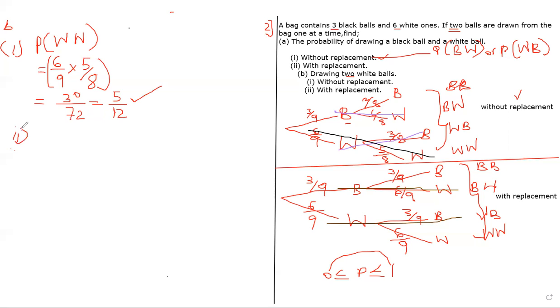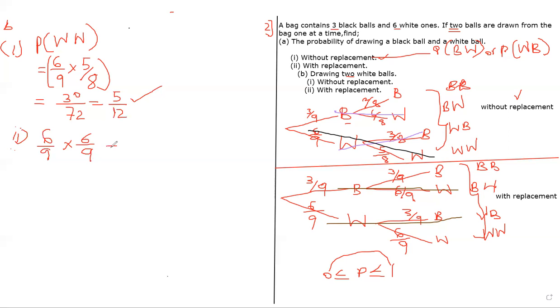Number 2, with replacement. In fact, the probability of picking white was 6 over 9, which is retained as 6 over 9 because we are not removing any.